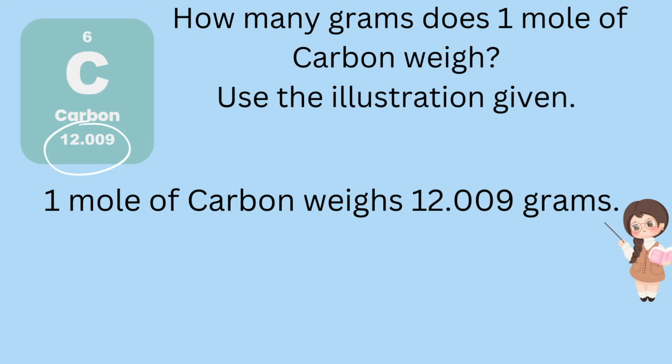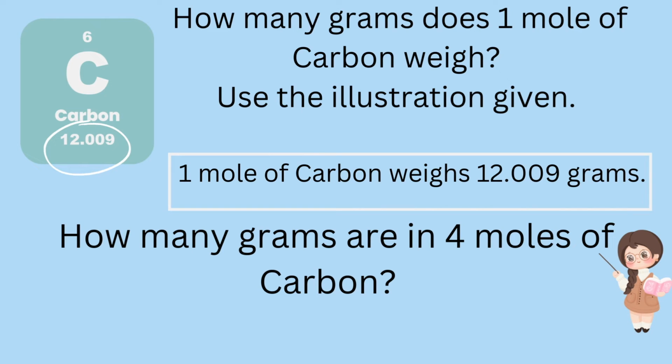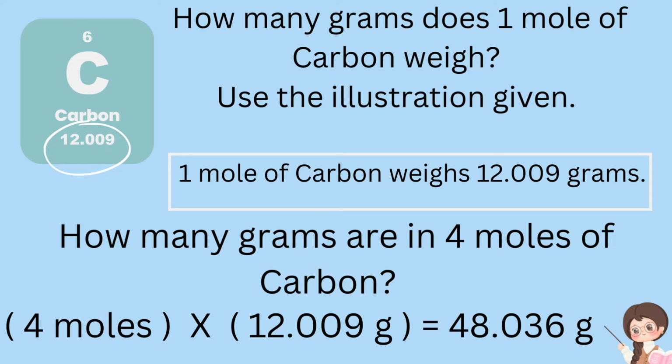So 12.009 grams per 1 mole. And how many grams are in 4 moles of carbon? We simply need to multiply 4 moles by the number of grams of each mole, and we get 48.036 grams.